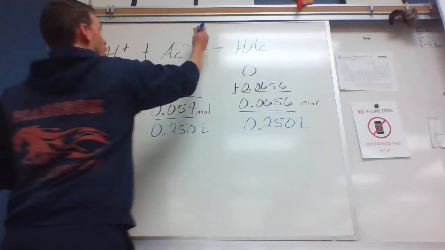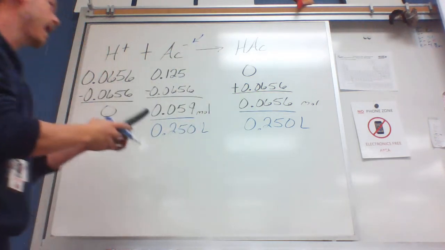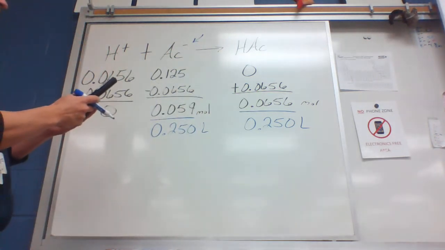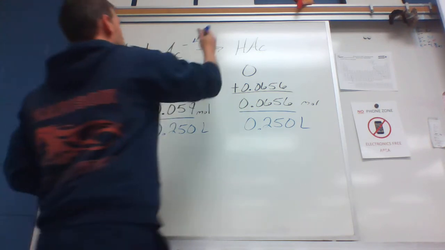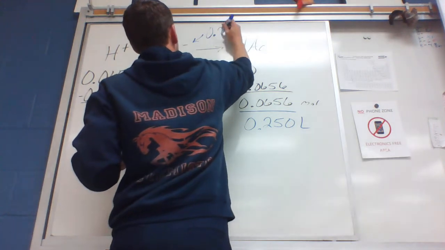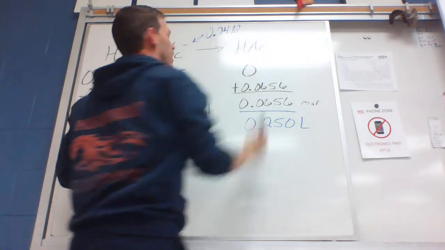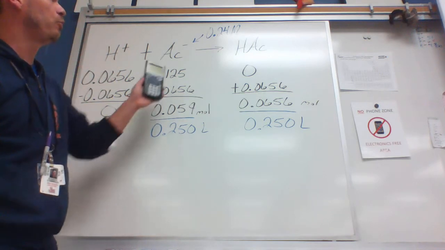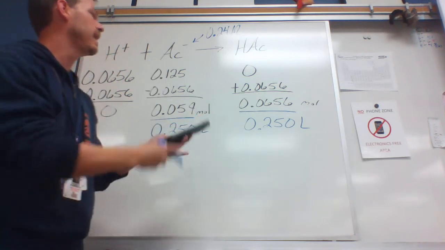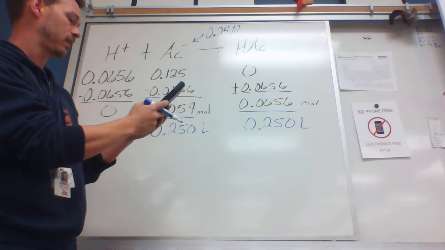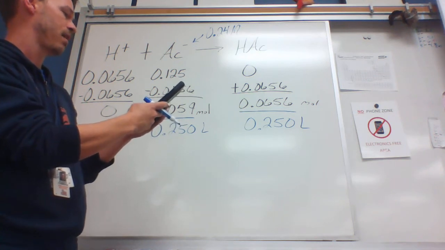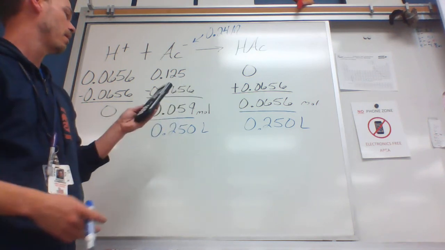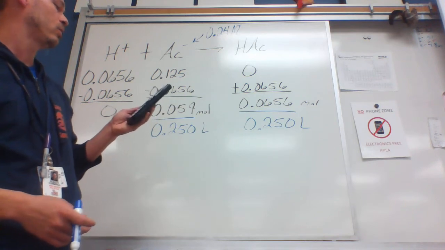So the acetate molarity, 0.059 divided by 0.25, is going to be 0.24 molar. While the acetic acid is going to be 0.0656 divided by 0.25, which is going to be 0.262.